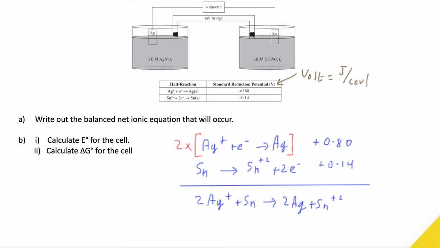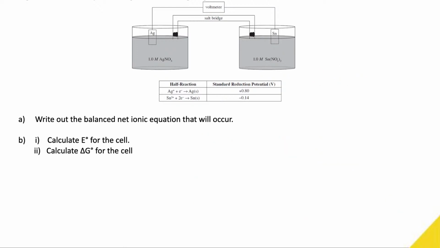If they want me to calculate the E for the cell, the E for the cell is the addition of these two, which is positive 0.94. I could put down just 0.94. Typically, I like to put a positive sign because that actually lets me know that I have thought about the sign as well. So let's take a look at part B.